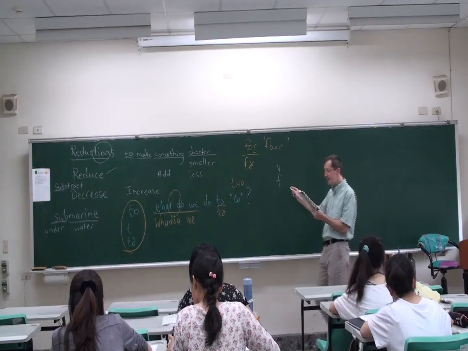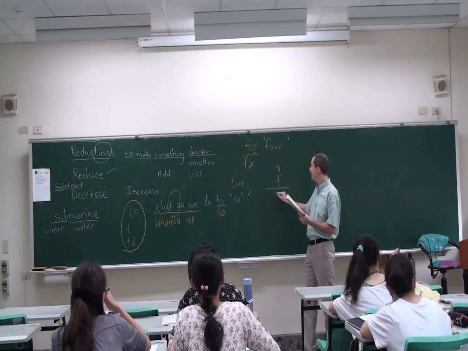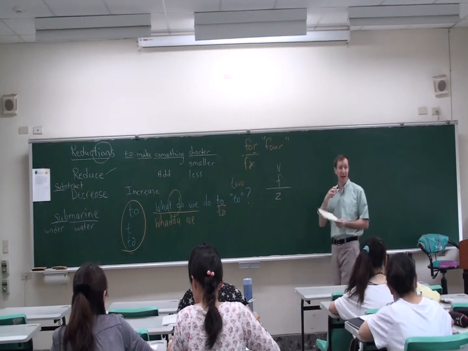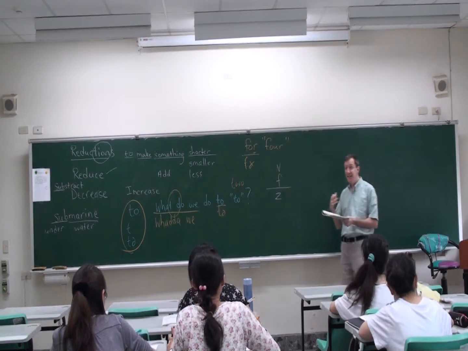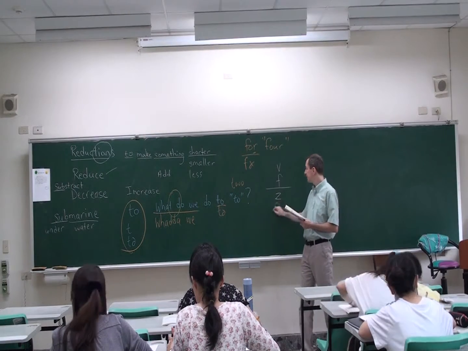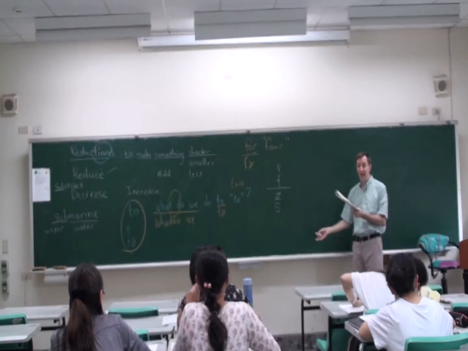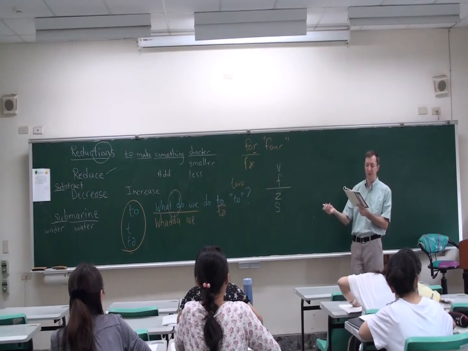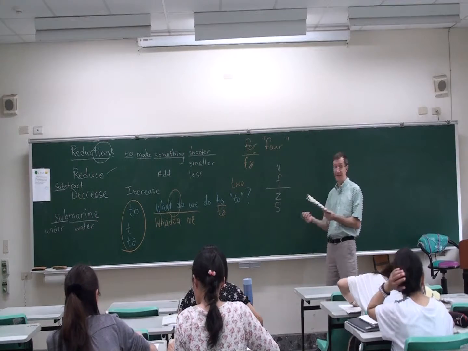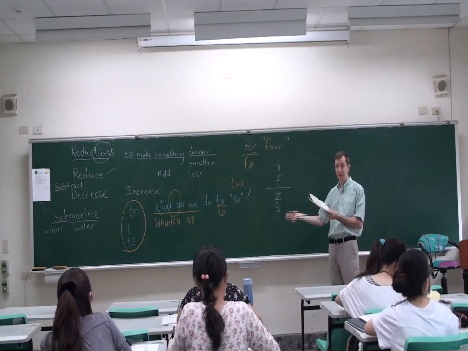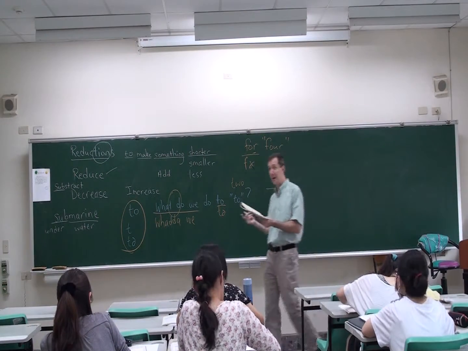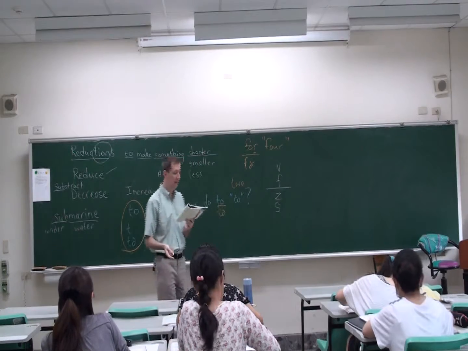So the Z, same idea. The Z is a voiced sound, right? Zzz. So the voiced sound becomes unvoiced, and then the "to" becomes reduced. Okay? So "hasta". He has to go to work every day. I have to go to work tomorrow. He has to go to work every day.